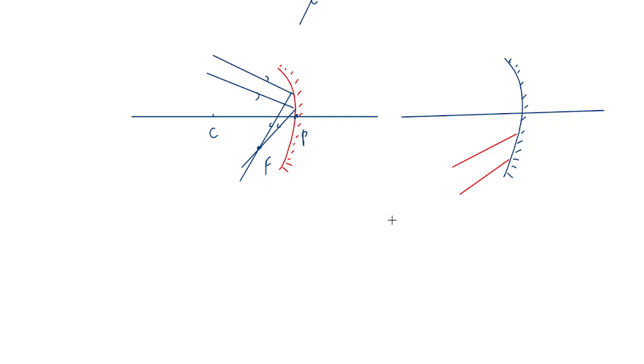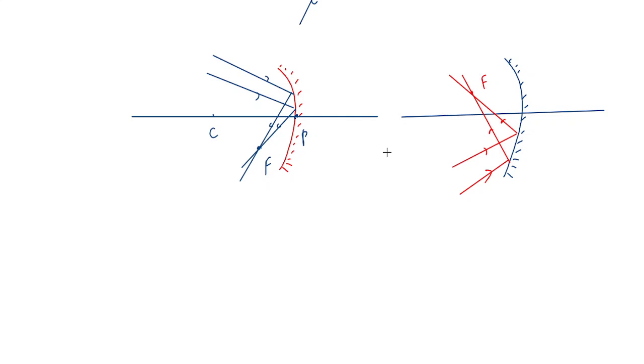So these light rays are parallel to themselves but not to the principal axis. So after reflection, they appear to meet at a point. So again, this point where they meet would be the focus, which means it is seen from here that these light rays, whenever they're parallel, they meet at a point called focus.